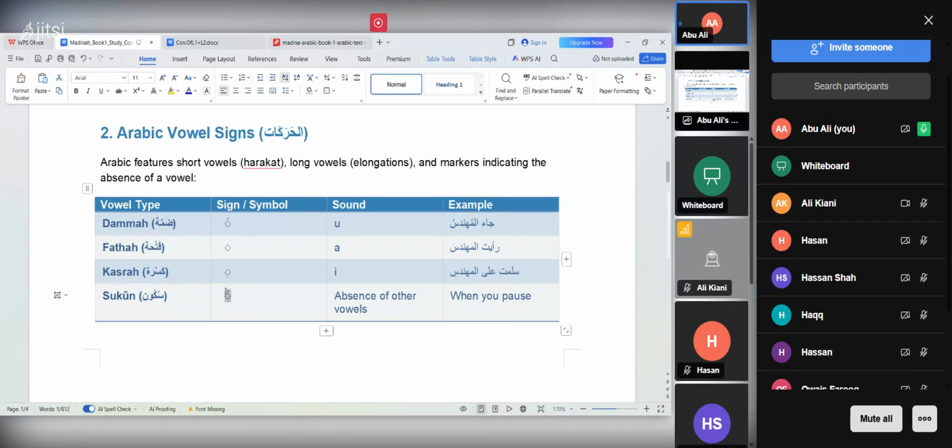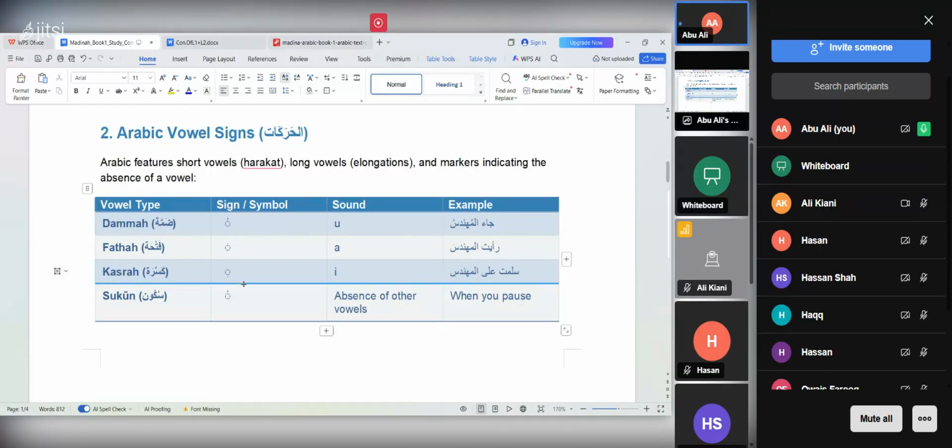This is the symbol of the sukun, the small circle, not the big one. We're using this big circle just as a placeholder; we don't use it in Arabic. This big circle represents a letter. The dhamma, fatha and sukun are above the letter, except the kasra, which is underneath.